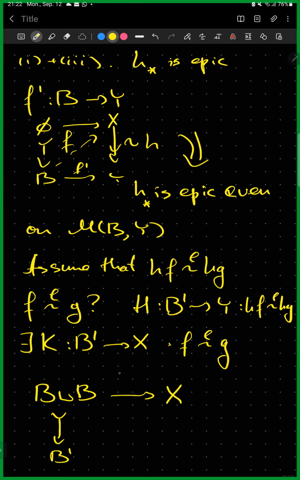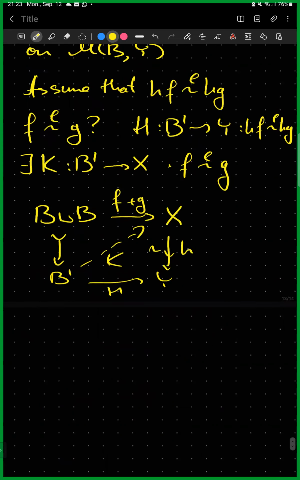We have a map F plus G here, and we have our trivial fibration here. Then we just consider the lift, and this lift gives us the desired left homotopy between F and G, which shows that H star is in fact a monomorphism.